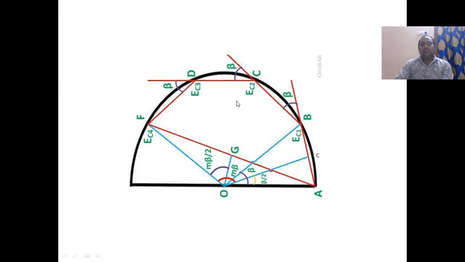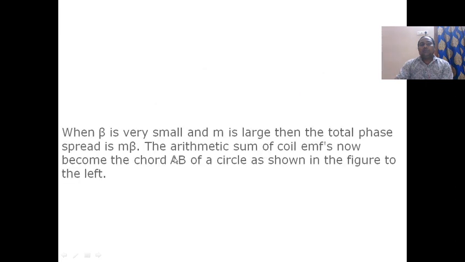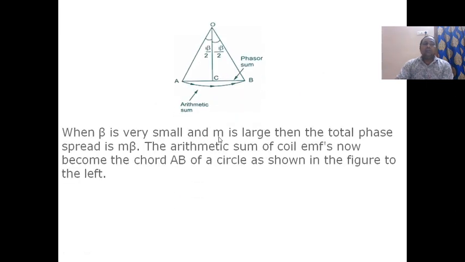So construct a polygon using the semicircle. We have the induced EMFs EC1, EC2, EC3, EC4. The angle difference is beta, and the phase spread is M beta. When beta is very small and M is large, the total phase spread is M beta. The arithmetic sum of coil EMFs now becomes the chord AB of a circle, as shown in the figure on the left.